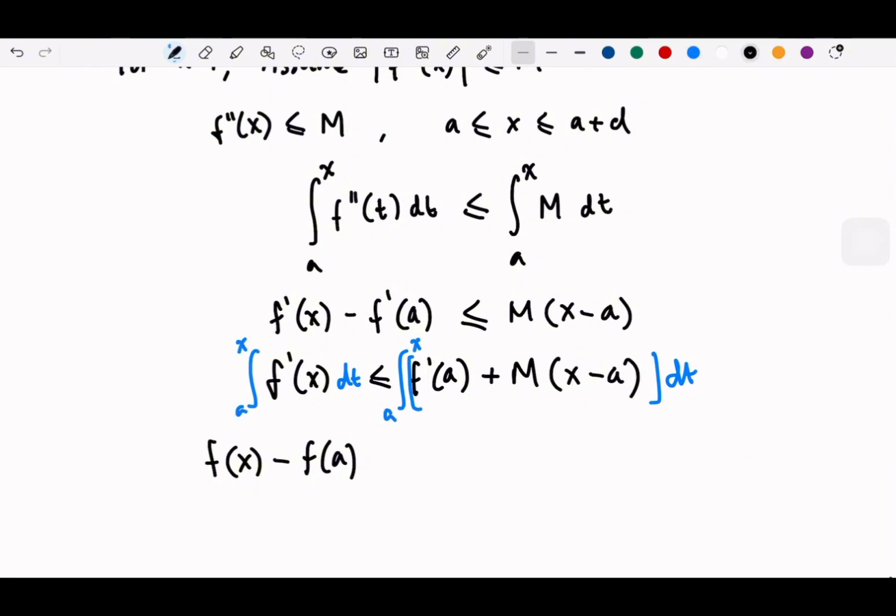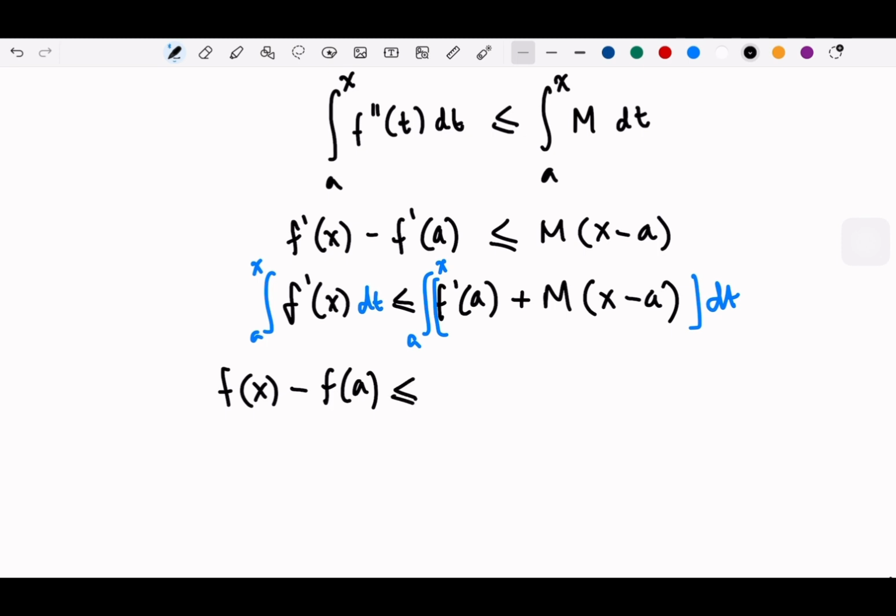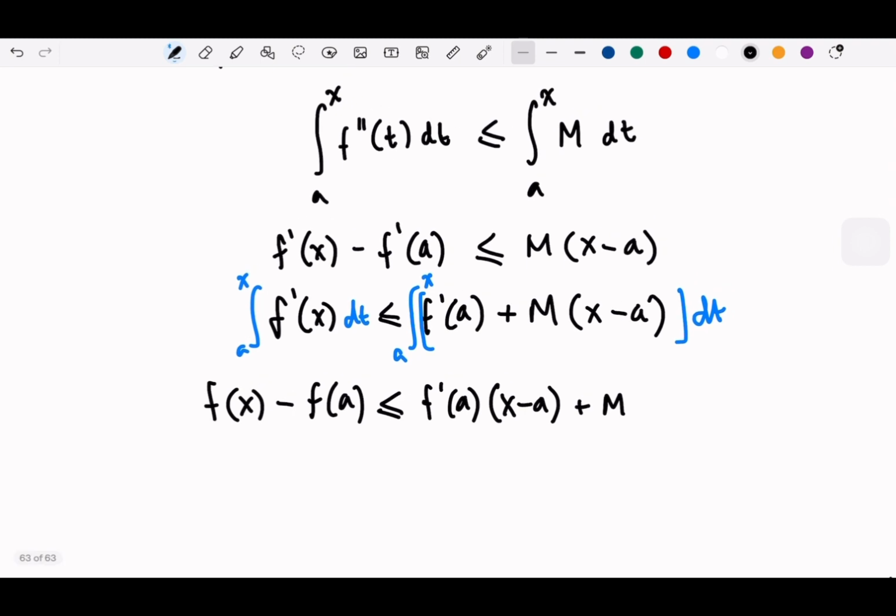So this is less than or equal to f prime of a times (x - a), and then this will be M. Let me change this x into t to avoid confusion, to make the integration complete.